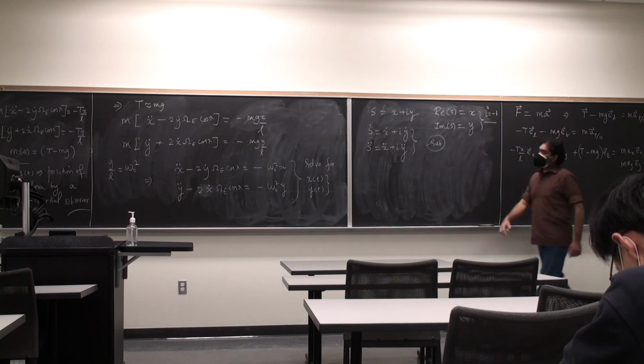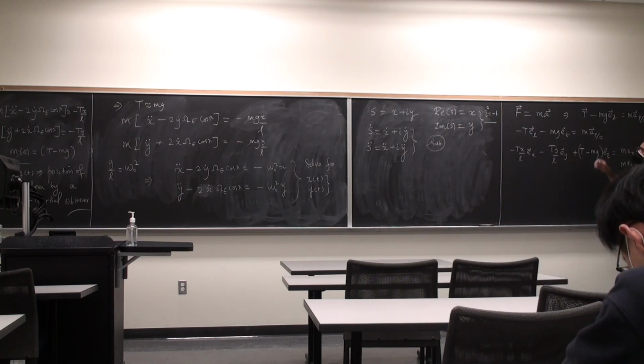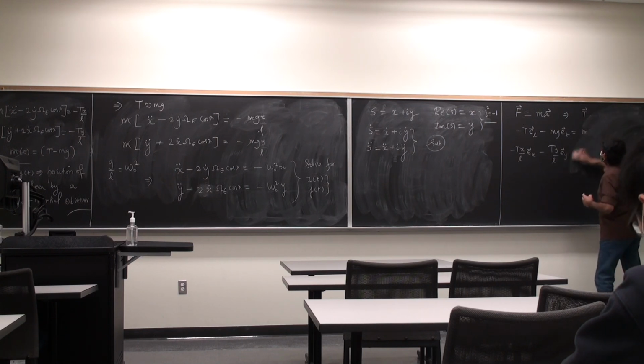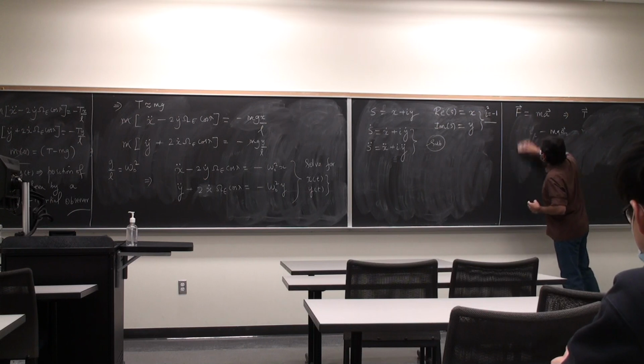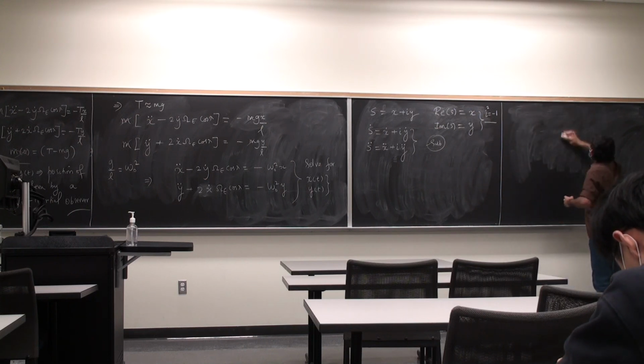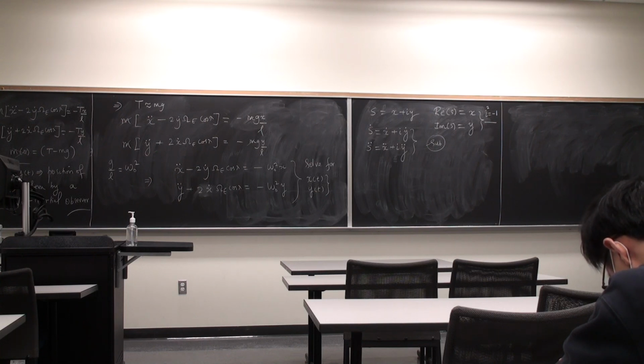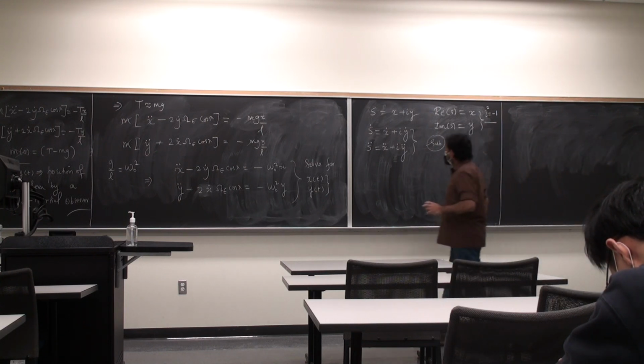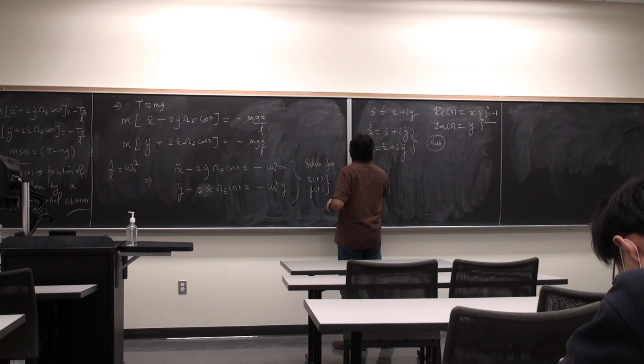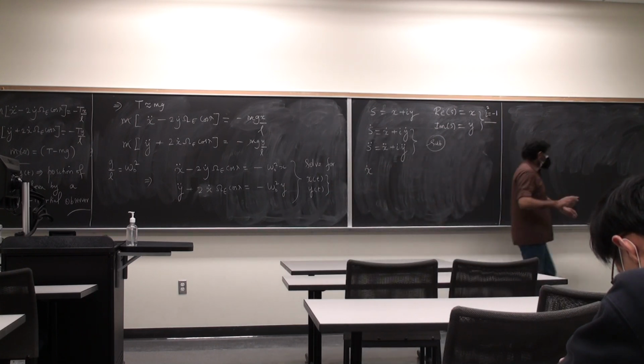Substitute into those two equations. Okay, alright, so if I do the substitutions, here is what I end up getting. The x double dot. Instead of, I'm going to substitute for x double.